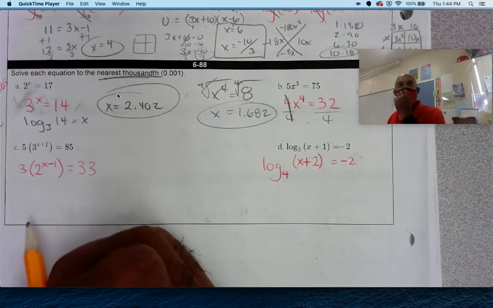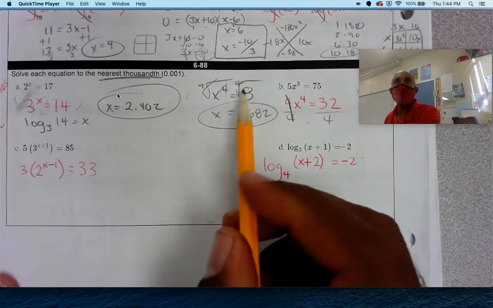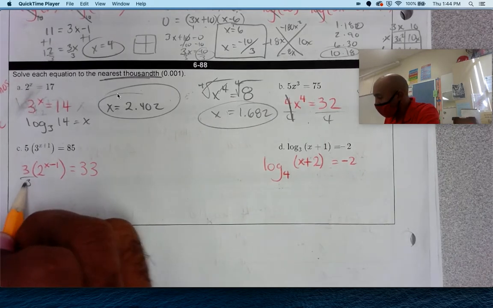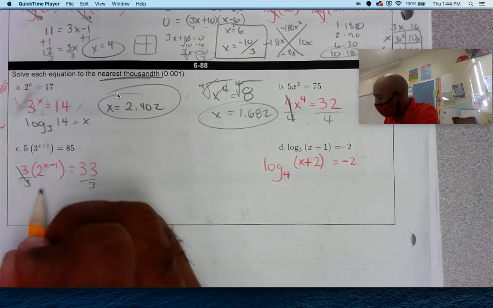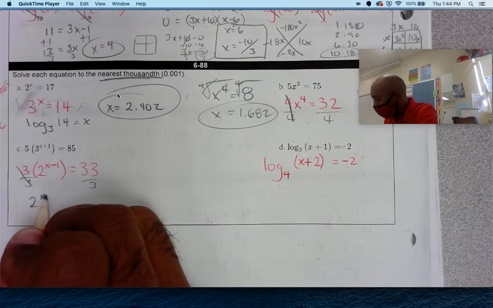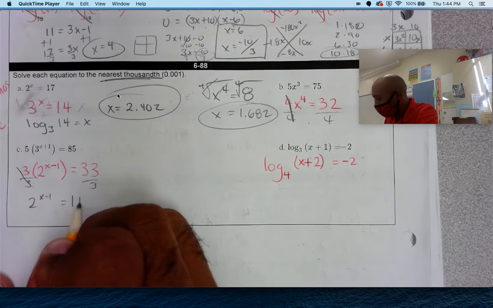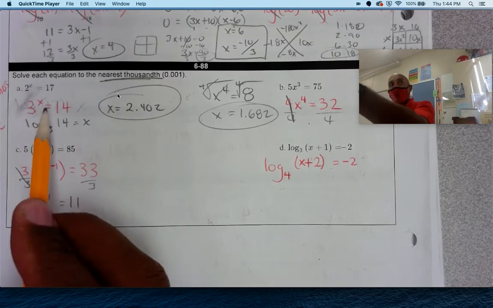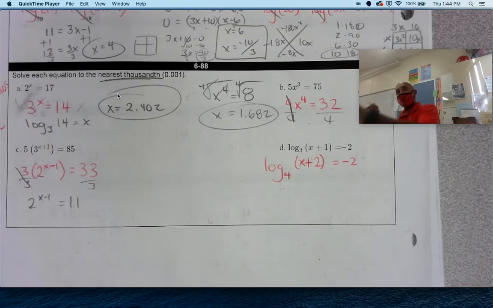All right, now this one. Kind of like this one, you had a number in the front, so we could divide that off first. Divide by 3. And now I have 2 raised to the power of x minus 1 equals 11. Now that x is in the exponent, to get it out of the exponent, put it in log form.